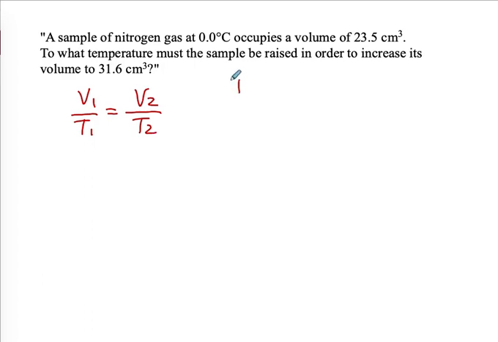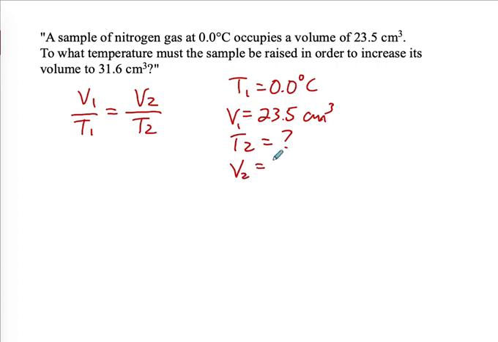We'll list our variables. Our initial temperature is 0.0 degrees Celsius. Our initial volume is 23.5 cubic centimeters. Our final temperature is what we're trying to find. Our final volume is equal to 31.6 cubic centimeters.